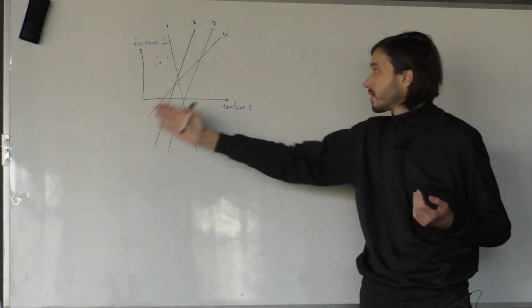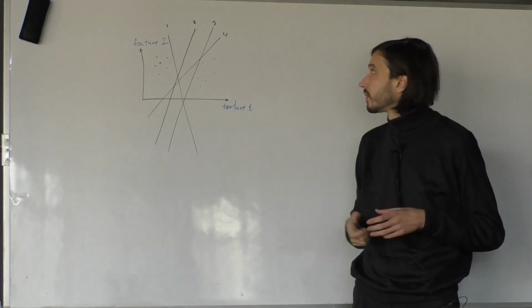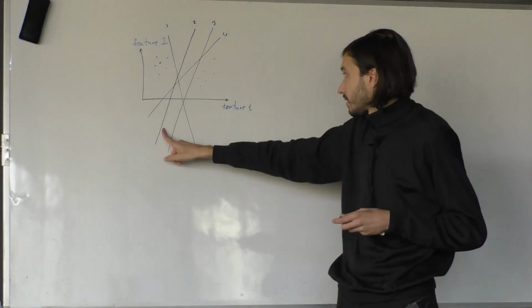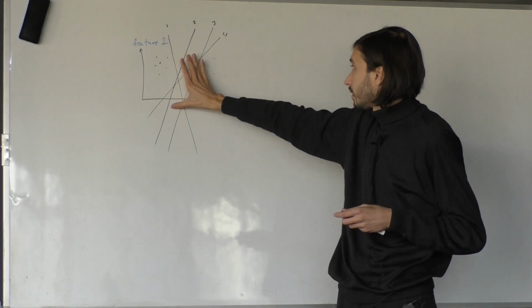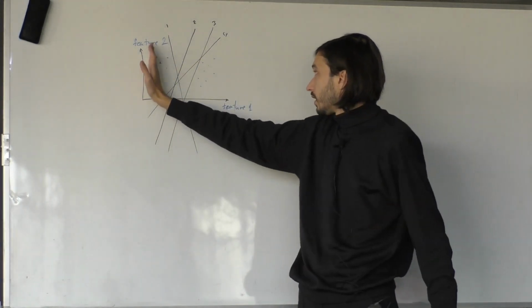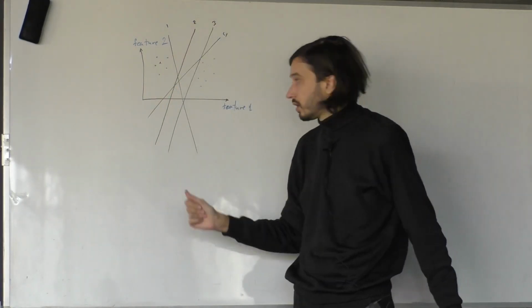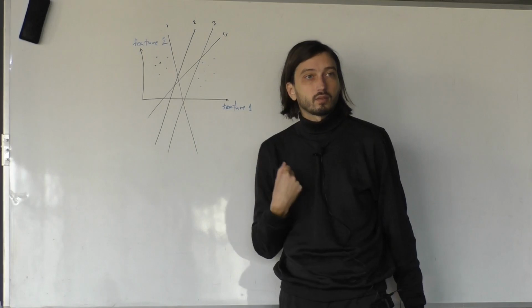Which one looks to you the most like a natural way? Line number 2. Line number 2, yes. So we all think that line number 2 is, in some sense, the most natural way to separate this data set into two parts. Why do we think so?